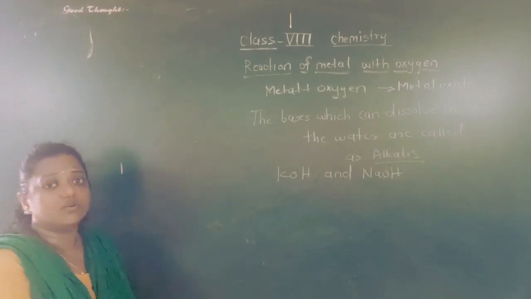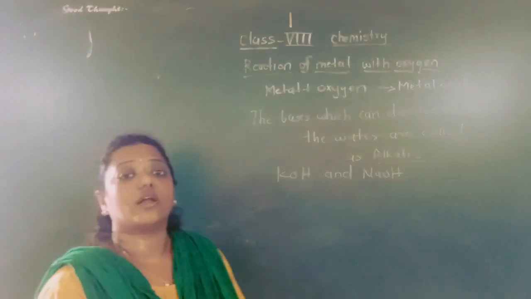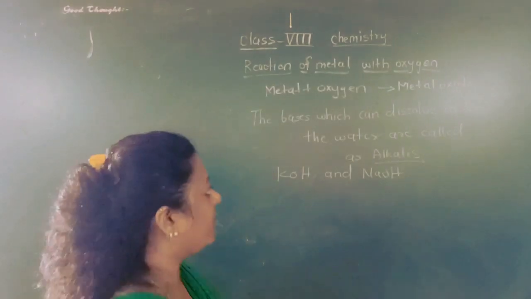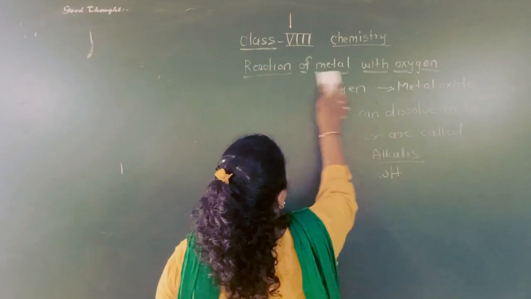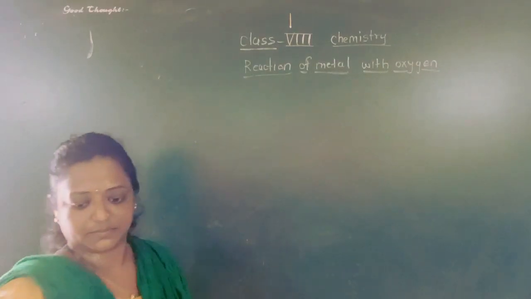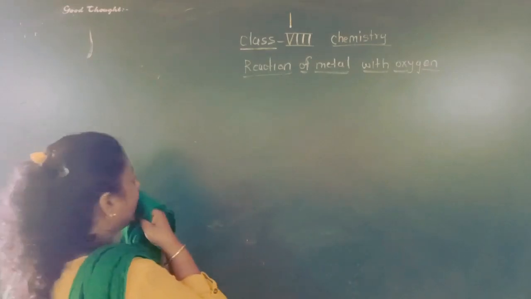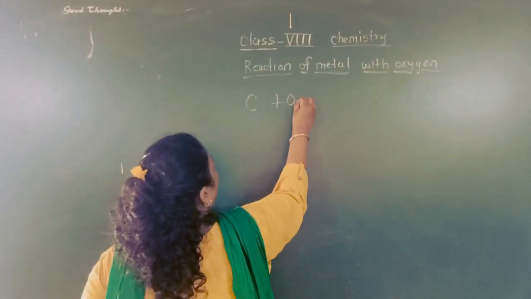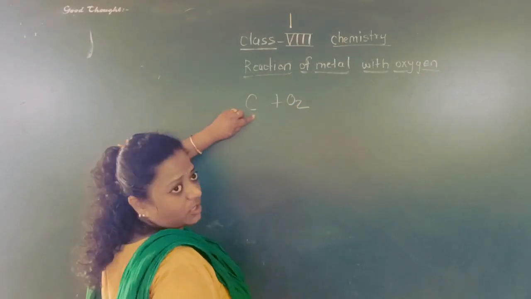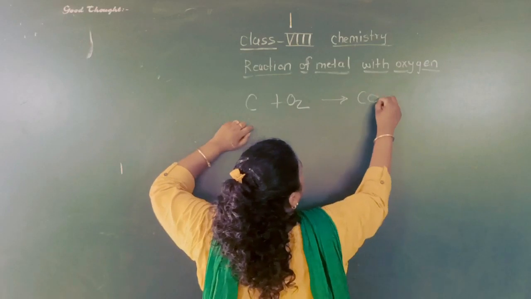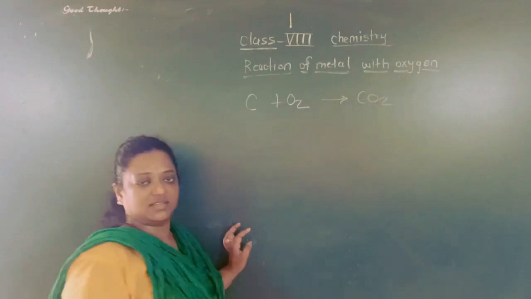Now we will talk about what happens when non-metal reacts with oxygen. If we talk about non-metals, this is carbon, this is oxygen, carbon is a non-metal. When this carbon reacts with the oxygen, it forms what? CO2. Understood?